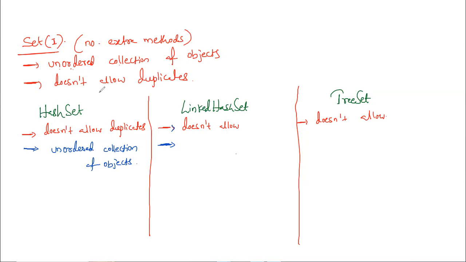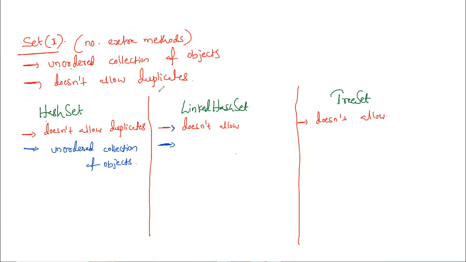So if the situation is like we don't want duplicates, but I want some insertion order, as a programmer we are inserting some data in the form of objects in a particular order. Say I want A, B, C, D, E in the same order whenever I retrieve or print it. In that situation, if we go for HashSet, one property is satisfied.